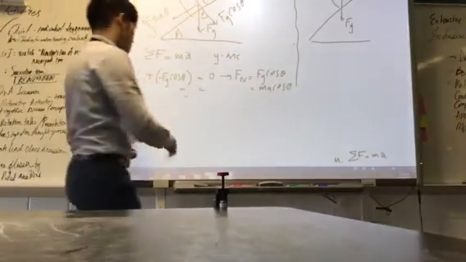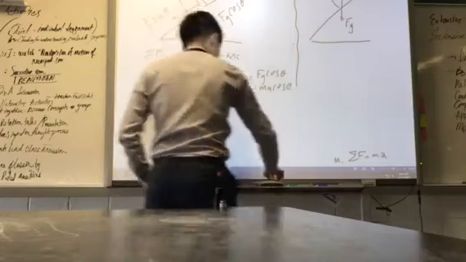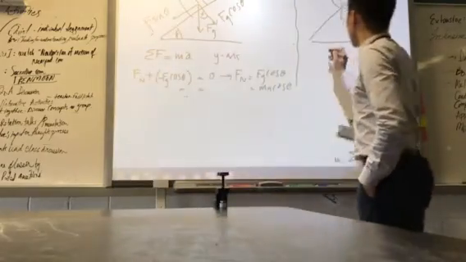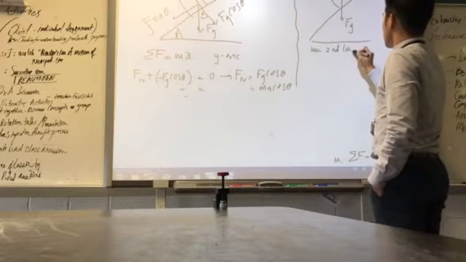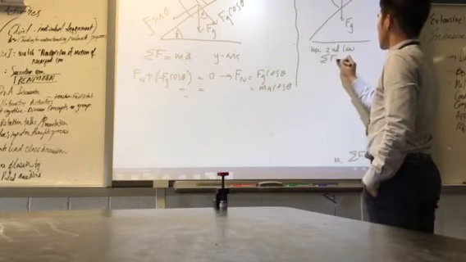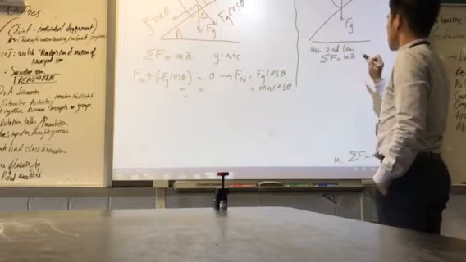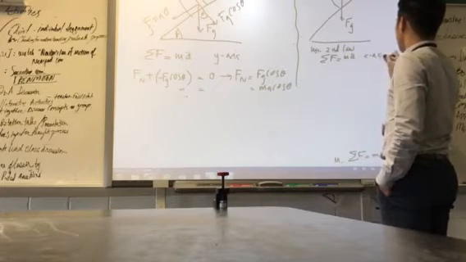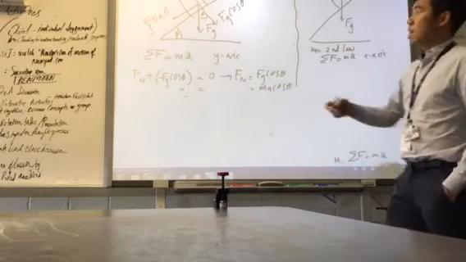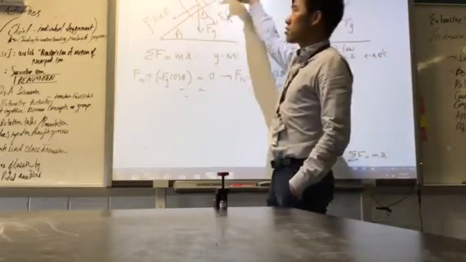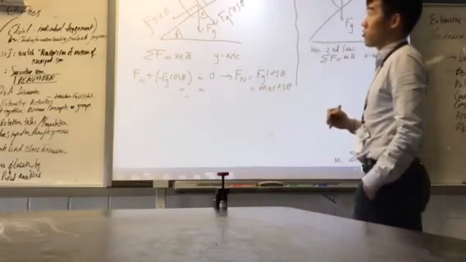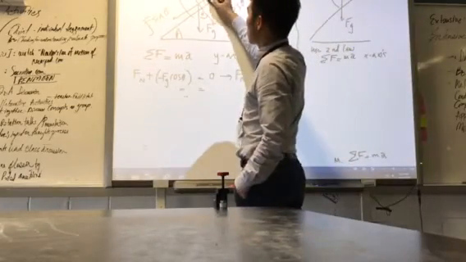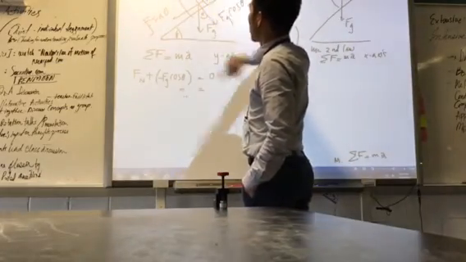And now we're going to use the normal force to apply the second law of motion. So we're going to use the second law now, which is the same thing: summation of the force is equal to ma. Now we're going to look at the x direction, the x-axis, which is parallel to the incline. So that will be this one. And the question says we have a frictional force, so I'm going to add one more frictional force right there.